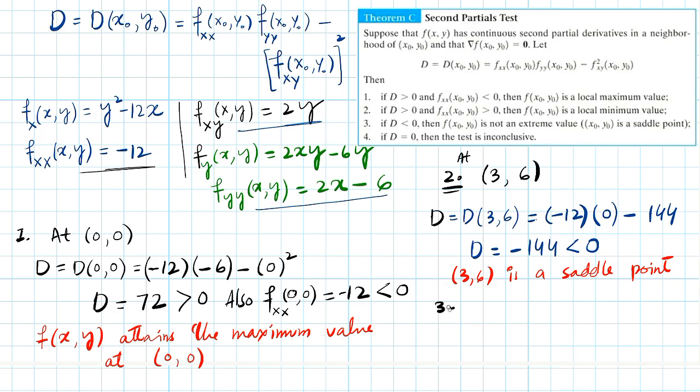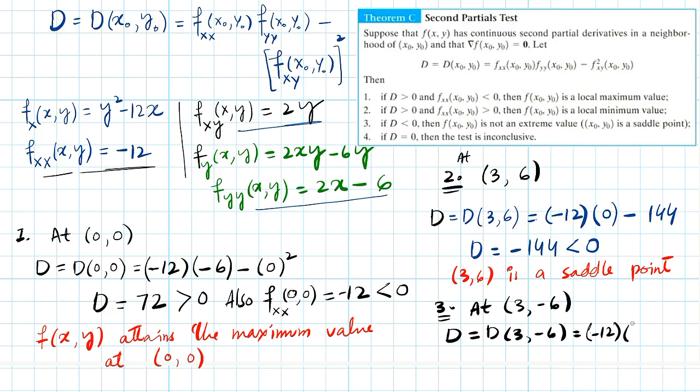Now the third case is at the critical point 3 comma negative 6. Now we have to calculate the discriminant, D at 3 comma negative 6. When we put this point into the double derivative of the function with respect to x, that gives us negative 12 again because it is constant.